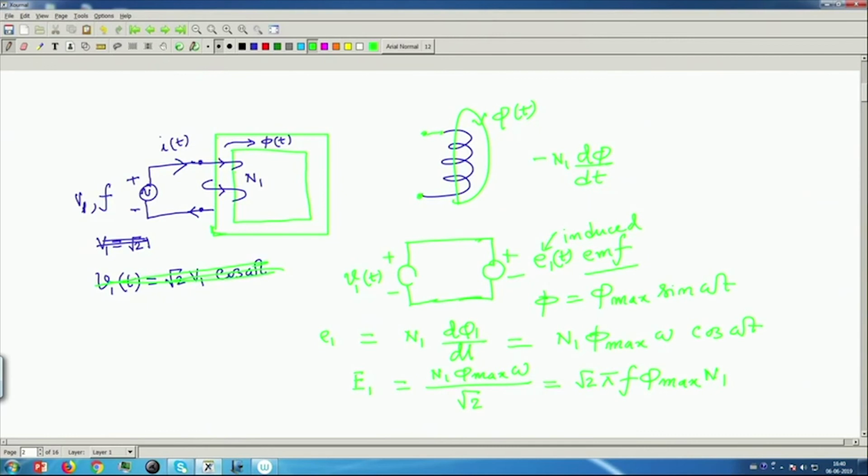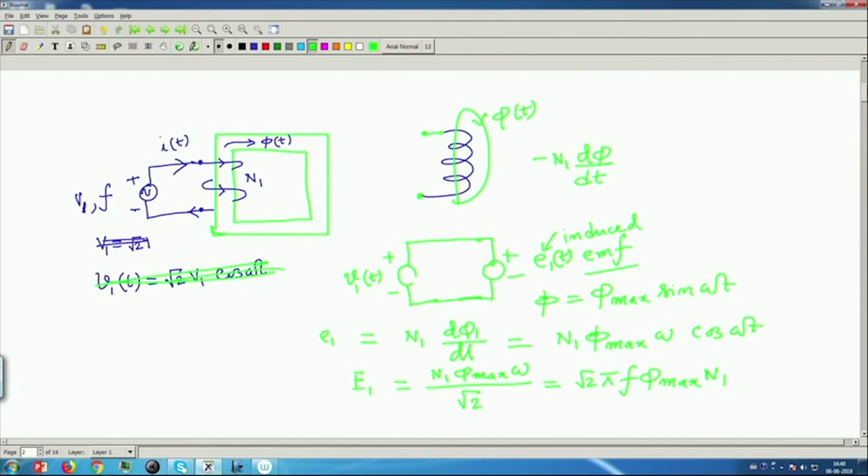I am not so much bothered about this minus sign. My intention here is to calculate the RMS value of the induced voltage. Differentiate it, you get the peak value, divide by root 2 and that will give you the RMS voltage.